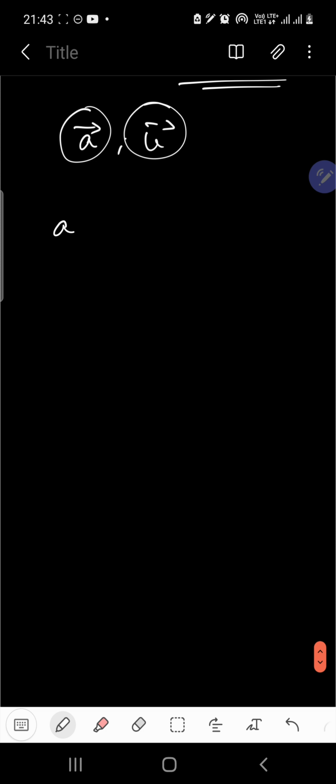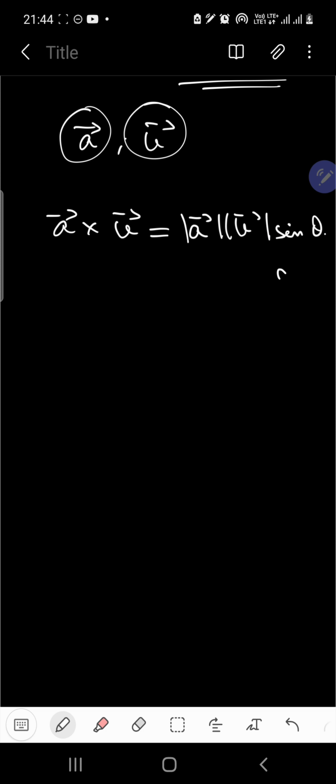So if you have two vectors A and B, then the cross product is given as A cross B, which is given as A B sine theta n cap.